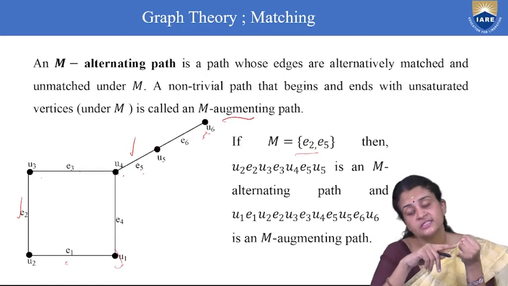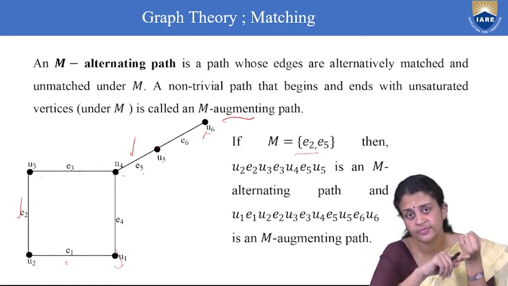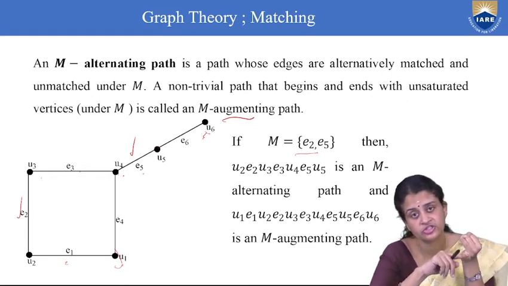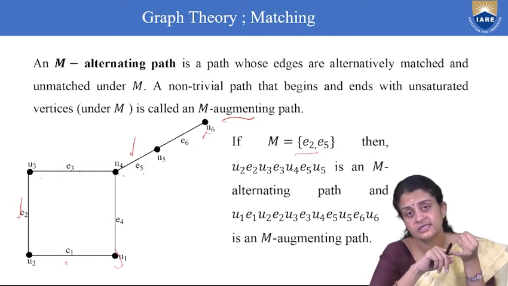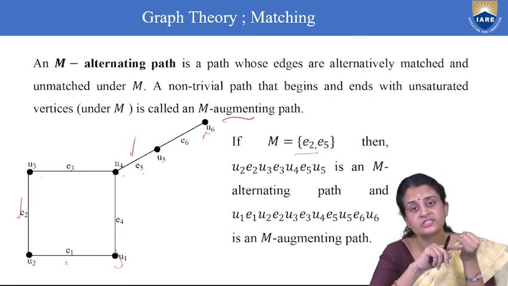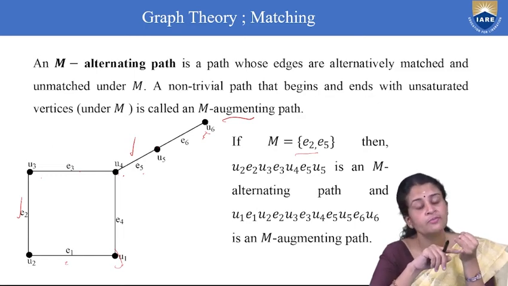A vertex is said to be unsaturated with respect to a matching if it is not incident with an edge in the matching, or it is also a single vertex. So if we are starting and ending with an unsaturated vertex, then it is said to be an M augmenting path.